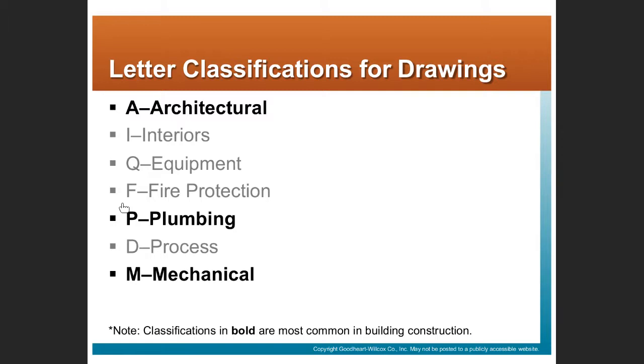If the building has a sprinkler system, a wet or dry piped sprinkler system typically is going to be on the fire protection drawings. The fire alarm system is generally going to be on the E or the electrical drawings. P for process would be if there's specialized piping systems.